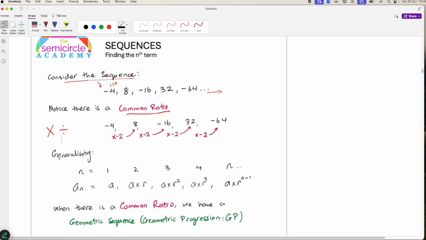And so if we were to generalize this situation for this sequence, a subscript n is equal to the first term, which is a. Notice the second term is when you take the first term and multiply it by your common ratio.